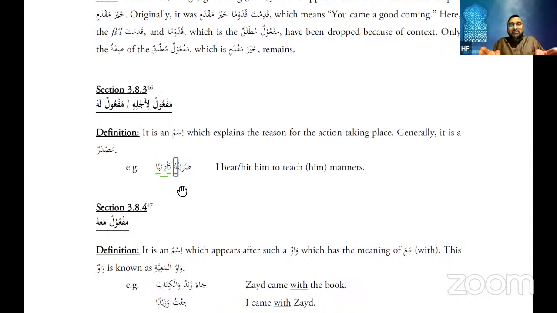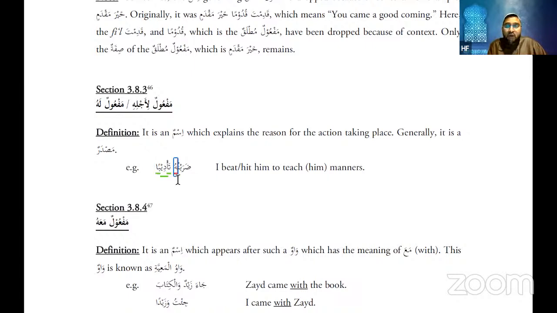Sometimes you can have several objects for one verb. Like in this example, I hit him: him is the victim. Why did you hit him? Ta'deeban. And this is in the case of mansub, the accusative case, getting a fatha tanween.